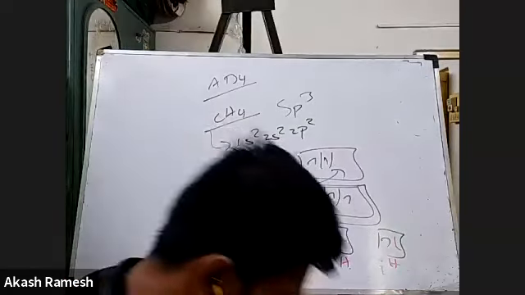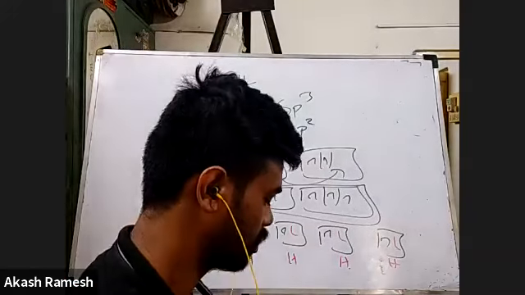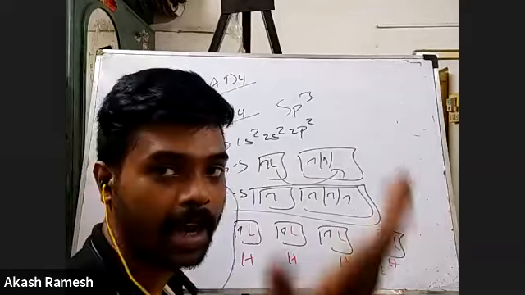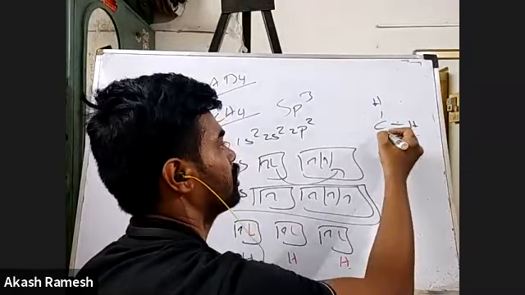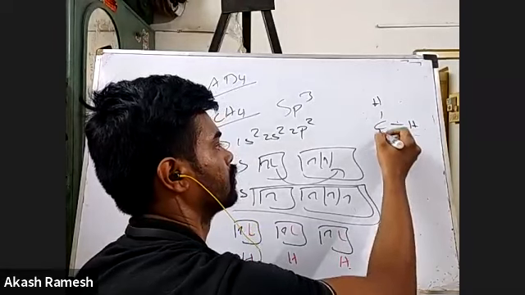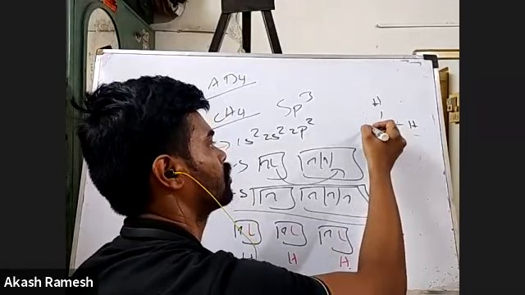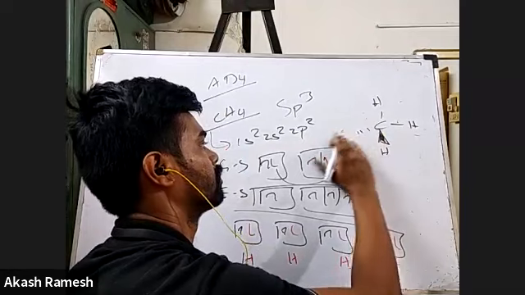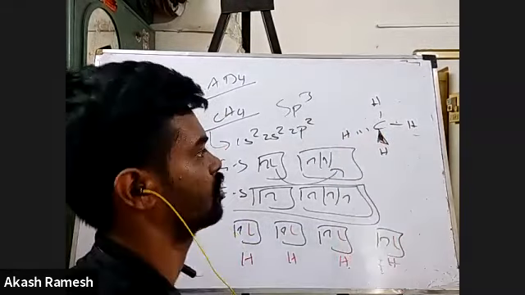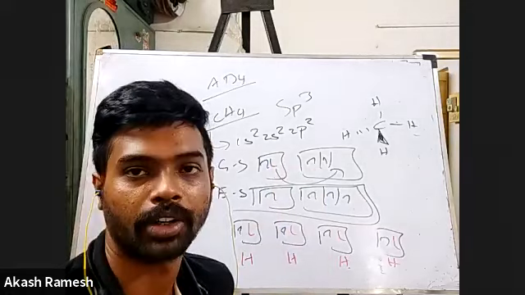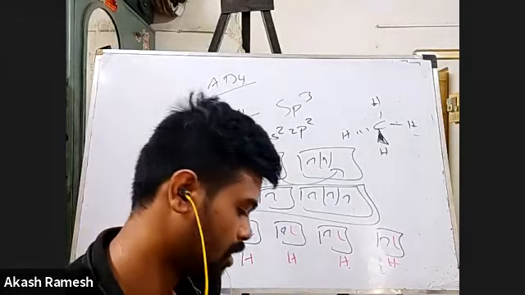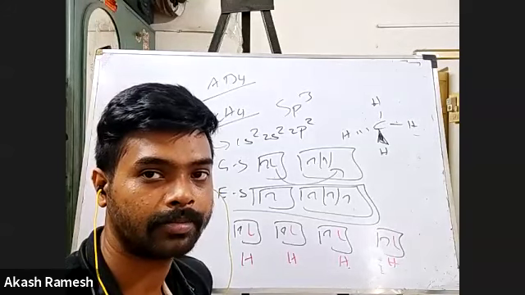Okay. So you know how the shape is going to look. Shape is exactly how we saw for AB4. Just I'm drawing it again. C, H, and a H. This is how the shape is going to look. Right? Cool. So I think this time more number of people would have gotten it.